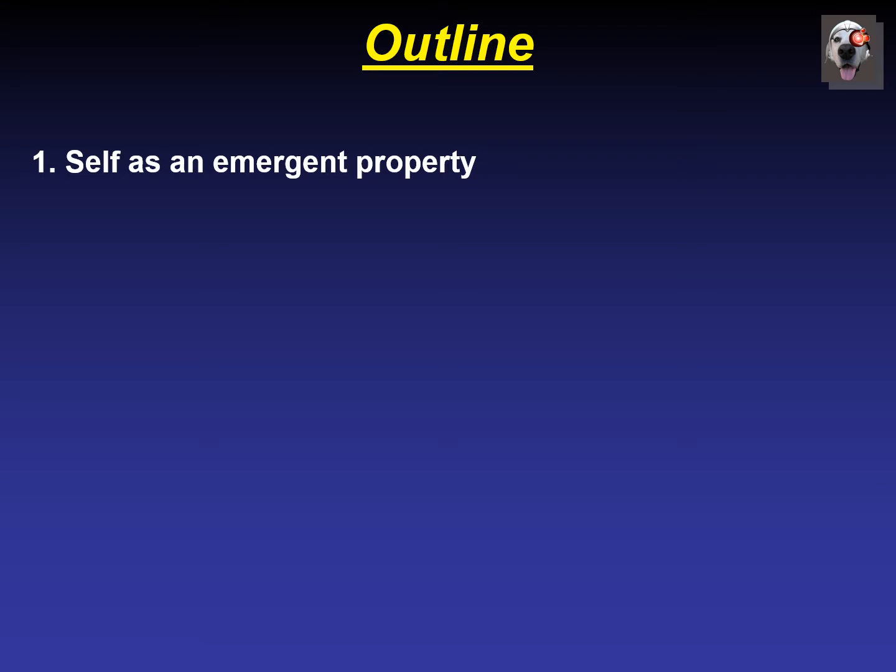A brief outline of this module shows us that we will first discuss the issue of self as an emergent property, and this will harken back to the notion of emergent property that we talked about in relationship to the mind emerging from the interaction of the brain with the environment.